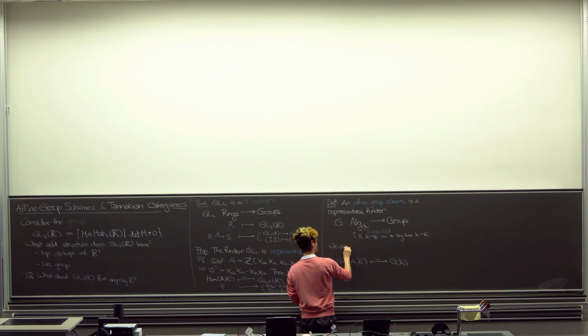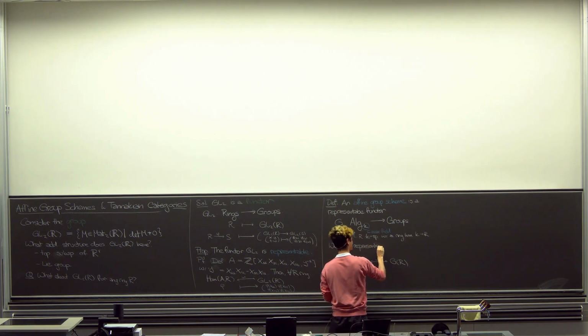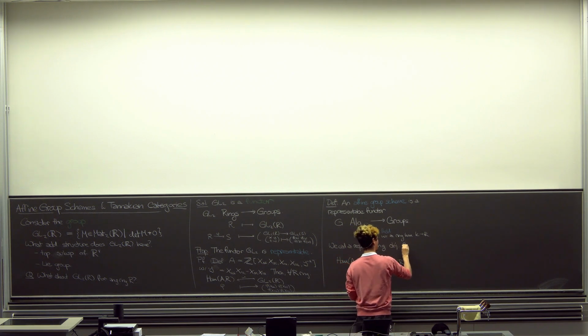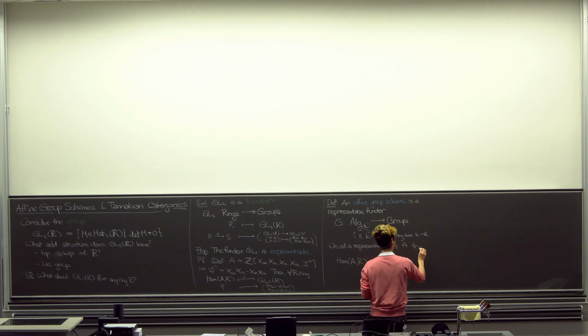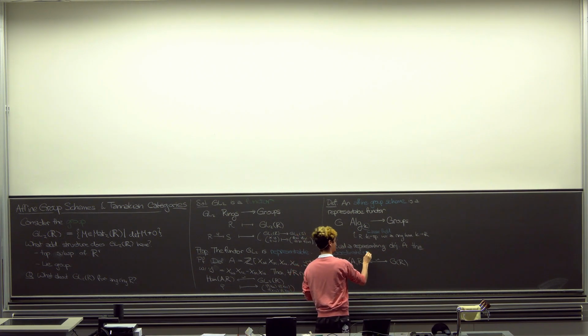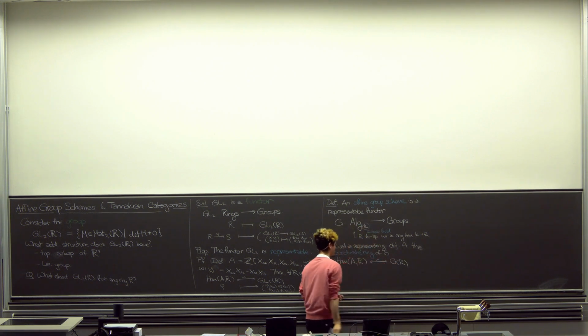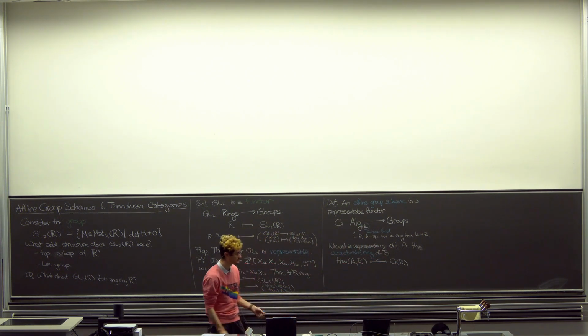We call a representing object R_A the coordinate ring of G, and we have a natural bijection here, which we want to use a lot.